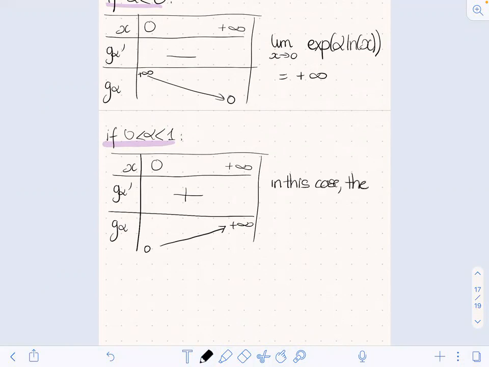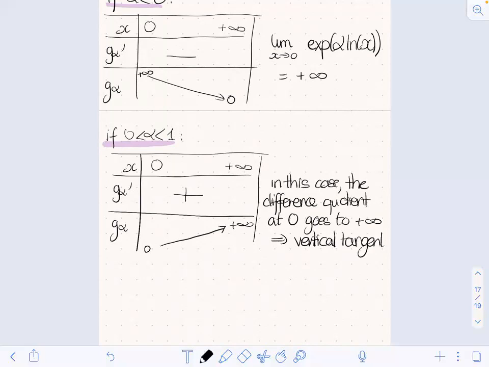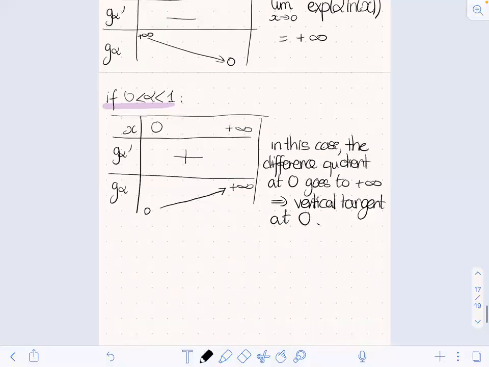So in this case, the difference quotient at 0 goes to plus infinity. So the function has a vertical tangent at 0, and as it has a vertical tangent, it's not differentiable.